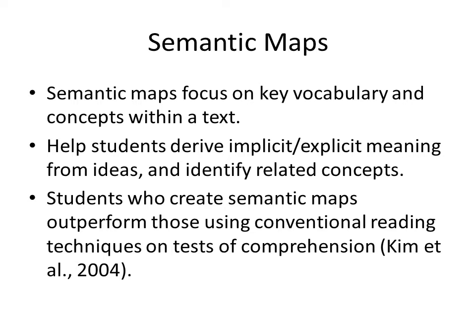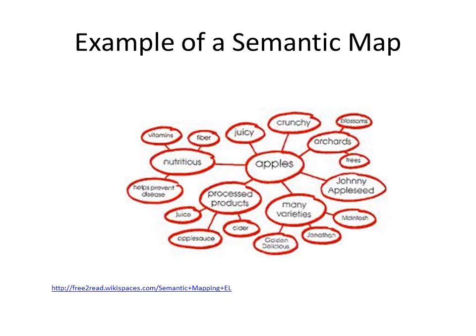Students who do create their own semantic maps outperform those using conventional reading techniques on tests of comprehension. And here's an example of a semantic map where the text is about apples and the reader has to find related concepts to the apple within the text.